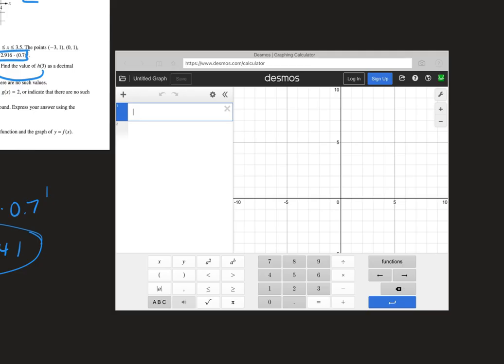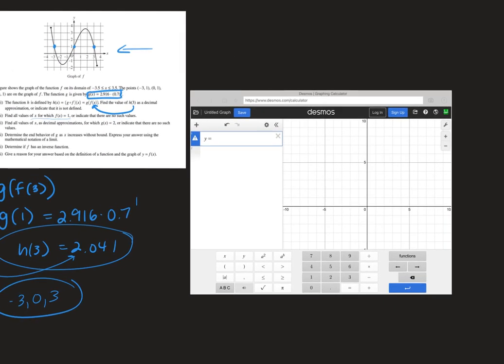Or you could type in your equation. So y equals 2.916 times 0.7 to the x. And then I make my other y 2.